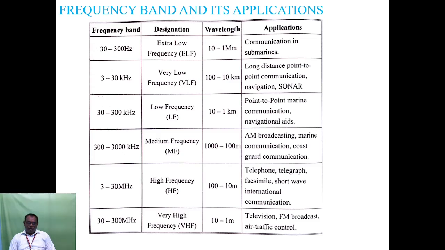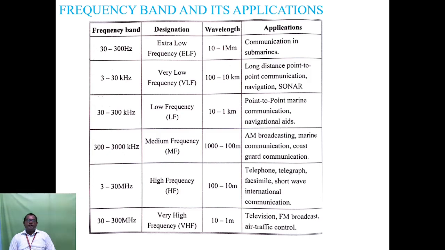Now the frequency bands and their applications. 30 to 300 hertz is extremely low frequency, and the wavelength is 10 to 1 millimeter. It is used for communication in submarine systems.